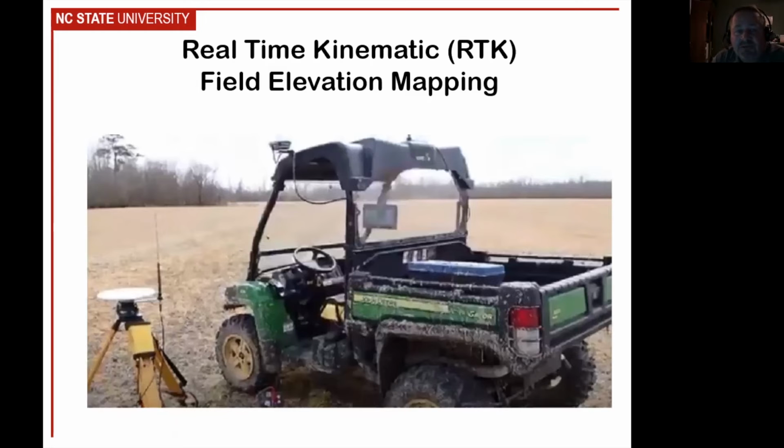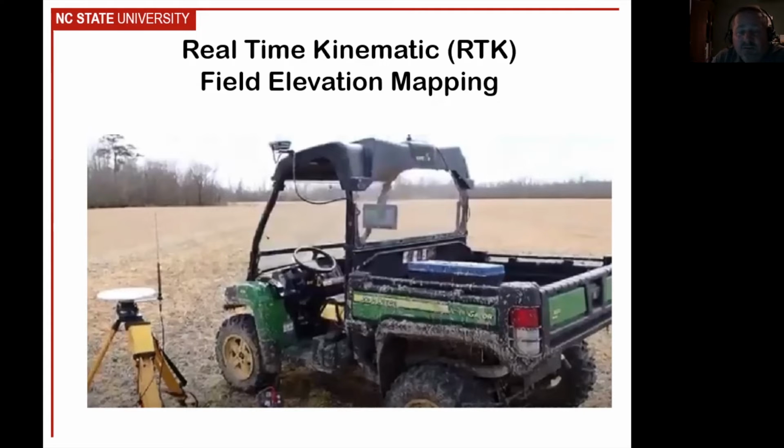This unit that you see on the screen here is part of the Water Resiliency Extension Program at NC State. We can utilize this unit to do RTK topographic mapping of farms and other areas that may be subject to saltwater intrusion.